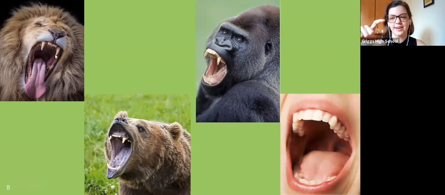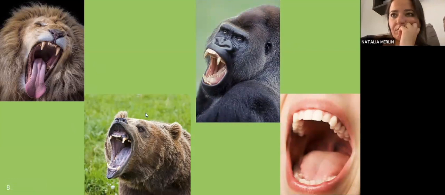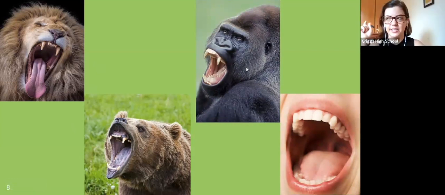The lion's canine is this big. The bear's canine. Even the gorilla is a frugivore and they have canines. And it's not only for eating meat, because the gorilla is not going to tear an animal apart. So the canine can have other functions, and we don't have a canine. Our tooth is only called canine, but it's not actually a canine. It's a flat tooth, you know.